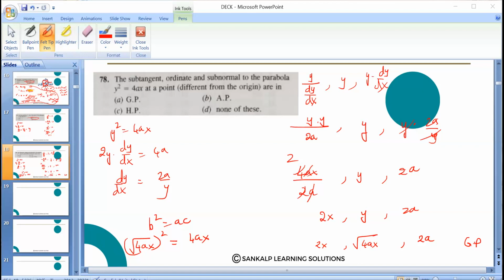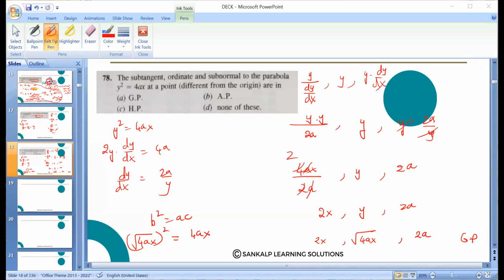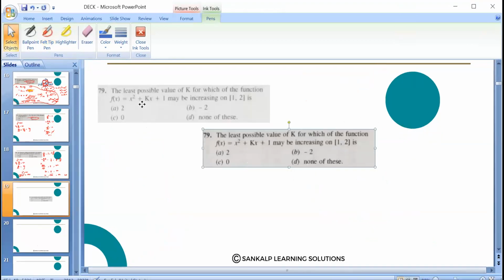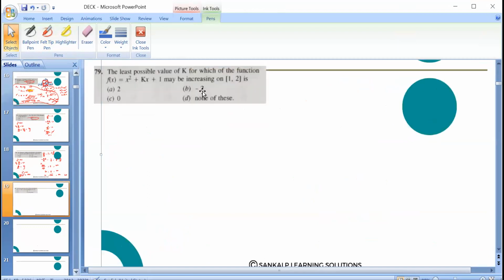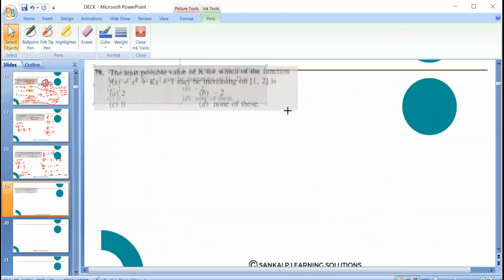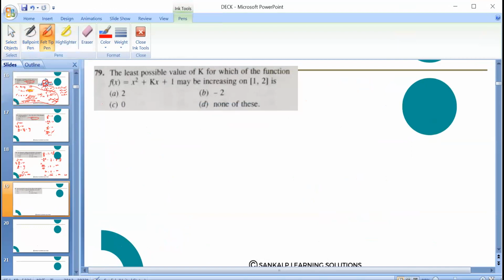Next is 79. The least possible value of k for which the function f of x is x squared plus kx plus 1 is increasing. The function x squared plus kx plus 1 is increasing. That means the derivative 2x plus k has to be positive.